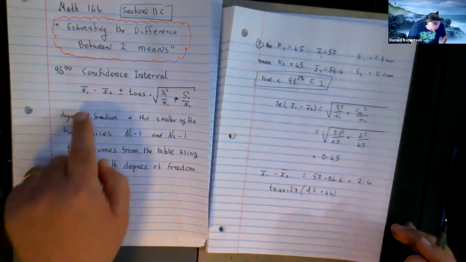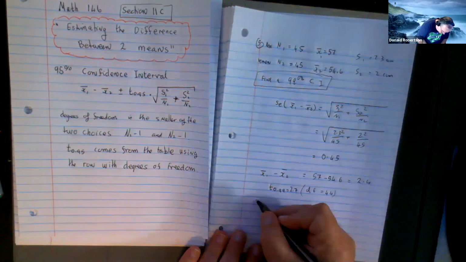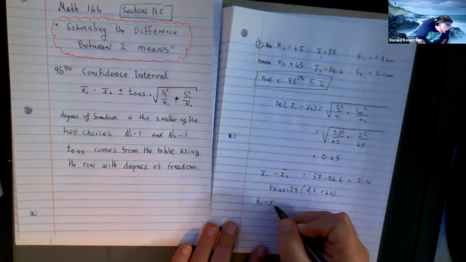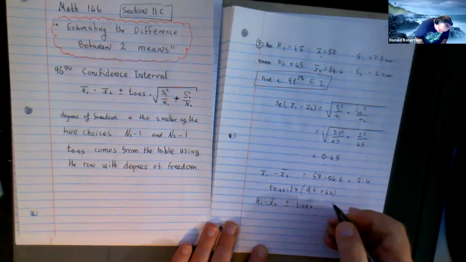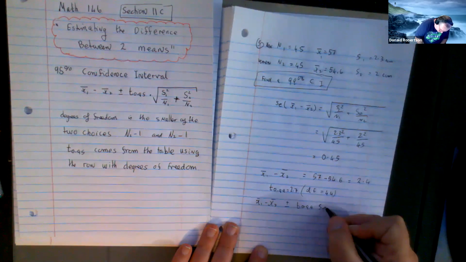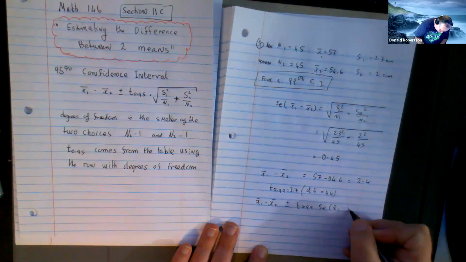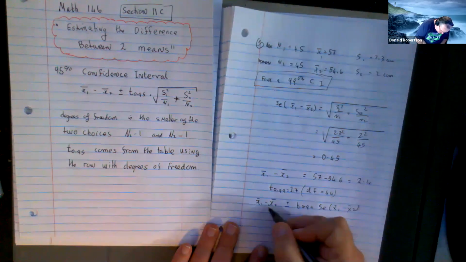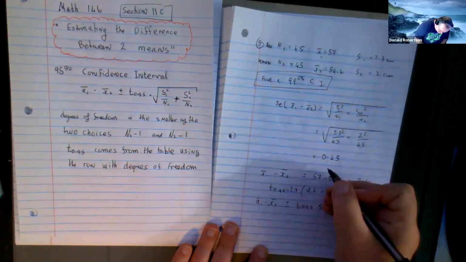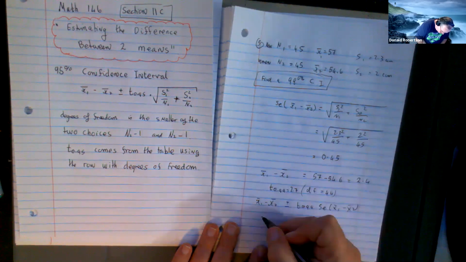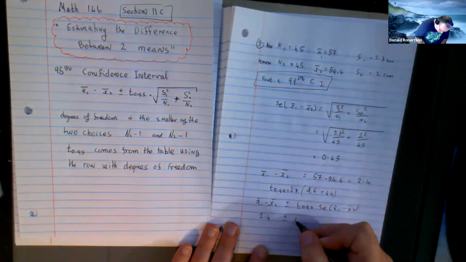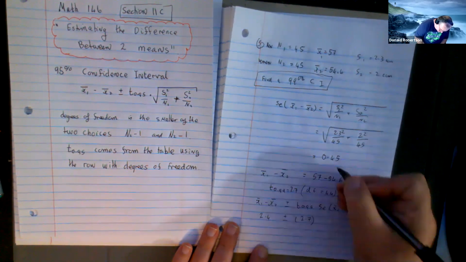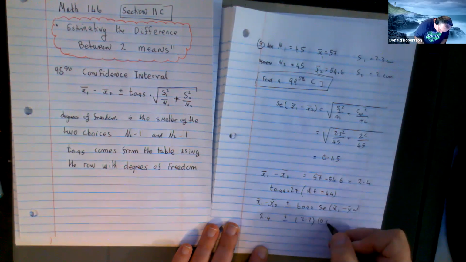So here's the formula that we're going to use: the difference plus or minus this guy times the standard error. The difference is 2.4, this is 2.7, and the standard error is 0.45.